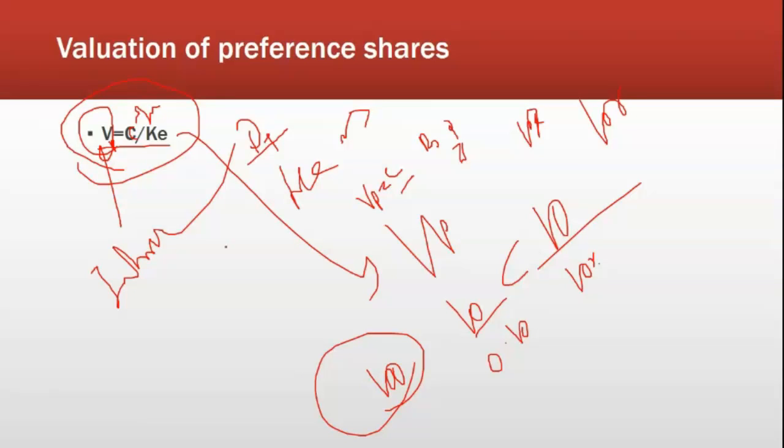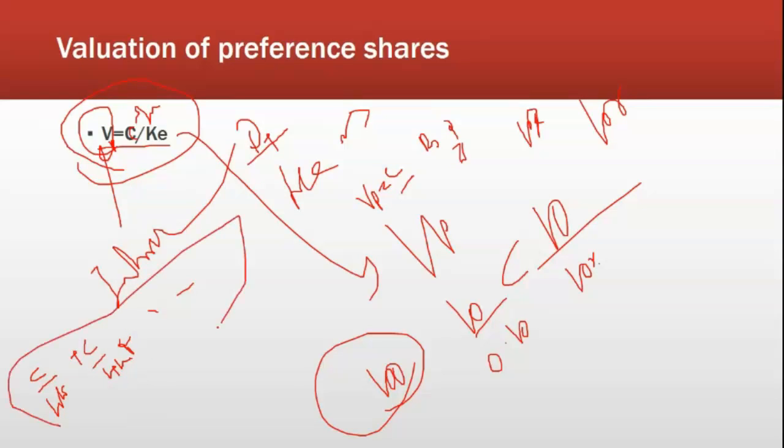Another thing is over a period of time. For redeemable shares, it is C divided by 1 plus KE, plus C divided by (1 plus KE) to the power 2, (1 plus KE) to the power 3, and so on. Just as in the multi-period calculation, the present value is arrived at.